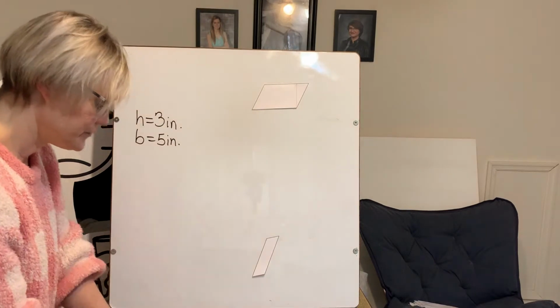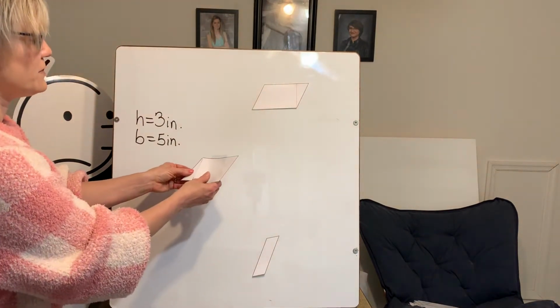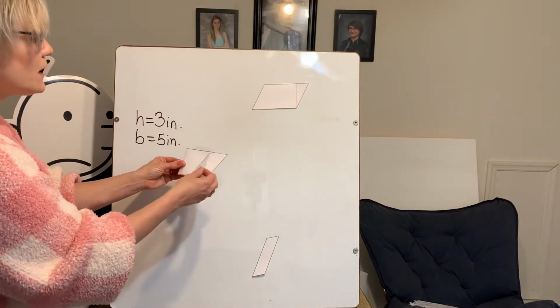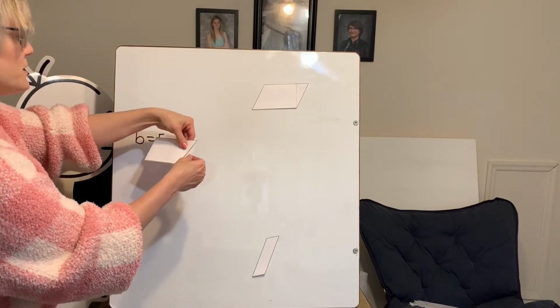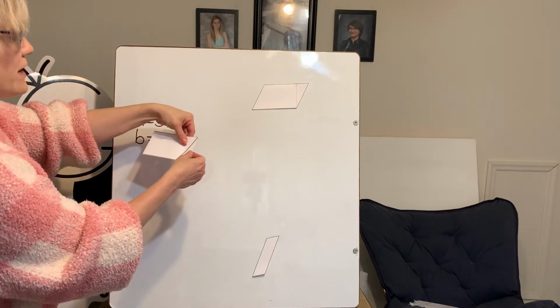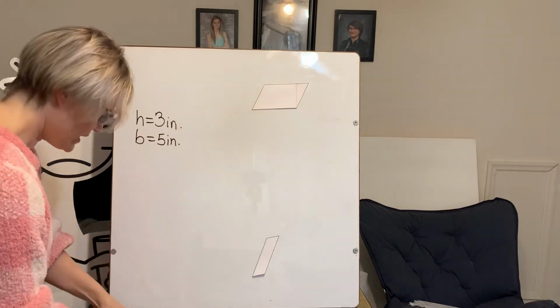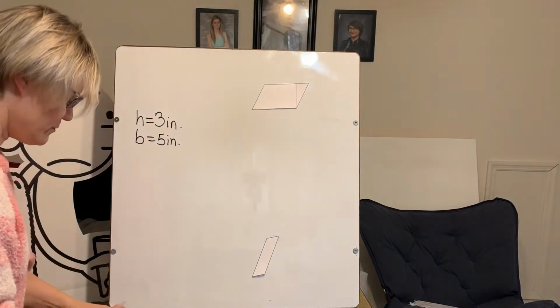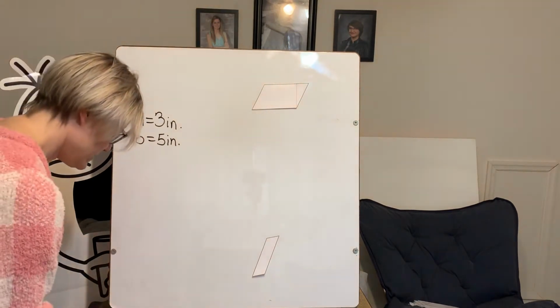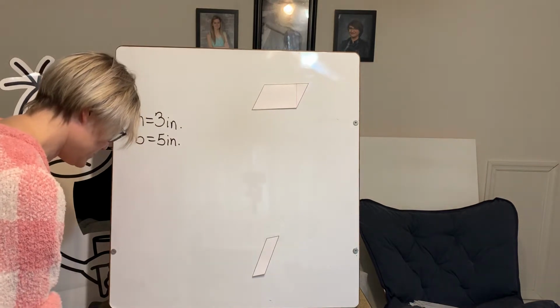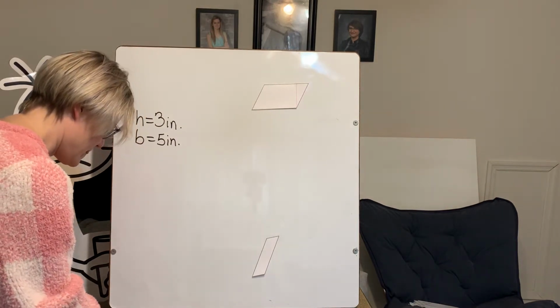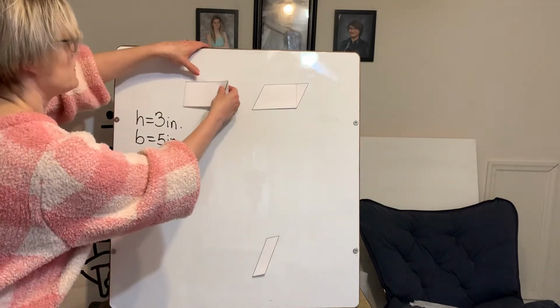So I'm going to cut this off. Notice I cut that from my parallelogram. And I'm going to place this as a puzzle piece over here to the side. And you notice now I have a rectangle. So I'm going to go ahead and take my tape. I'm going to tape it back together like a piece from a puzzle and put it back up here.